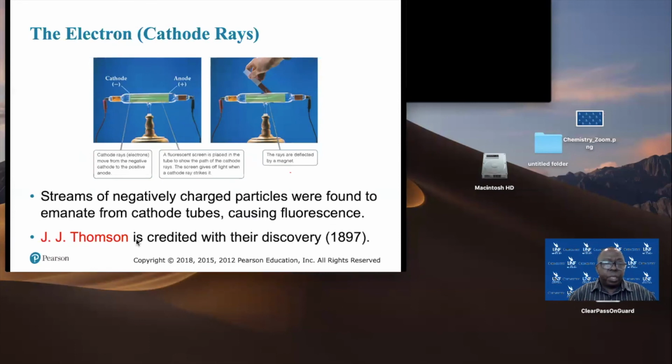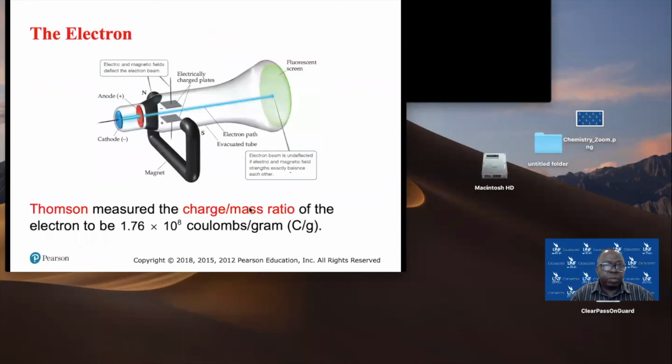Before this, the discovery of the electron, this is just an explanation of the cathode ray and how the electron was discovered by J.J. Thomson, and how he came up with his model of an atom. He discovered the electron based on the deflection.